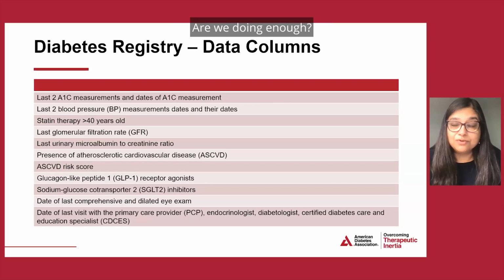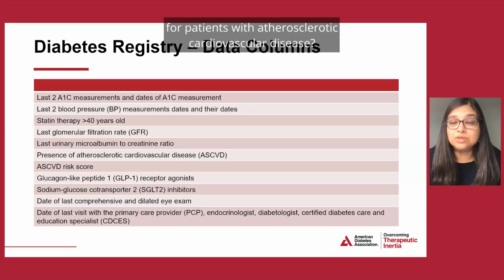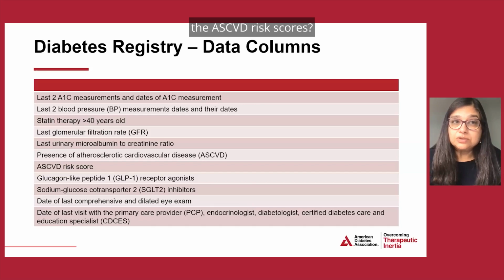Are we doing enough? Are we doing the standards of care that we should do for patients with atherosclerotic cardiovascular disease? And to that point, do we have the ASCVD risk scores?